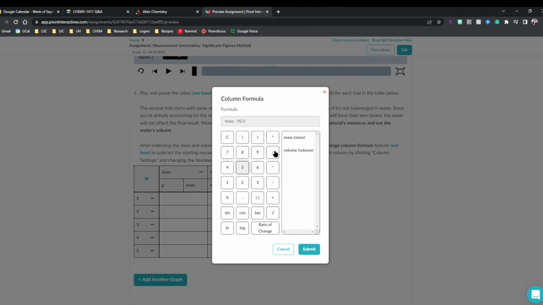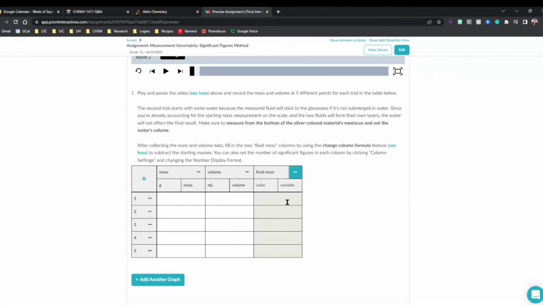But anyway, you're gonna look up the actual one, and you can click submit, and it's gonna populate all those masses for you. And this is the mass of the fluid by itself, taking out the mass of the graduated cylinder. This is important because you're trying to get the density of the liquid, of the fluid, not the graduated cylinder, right?